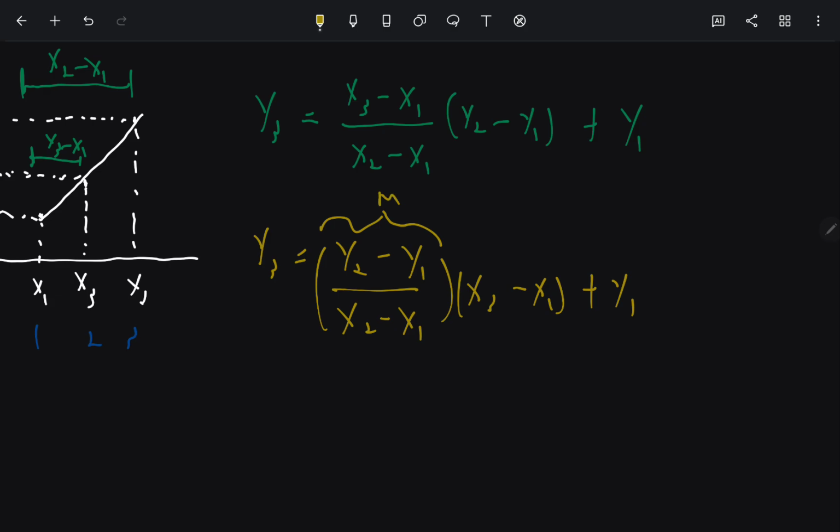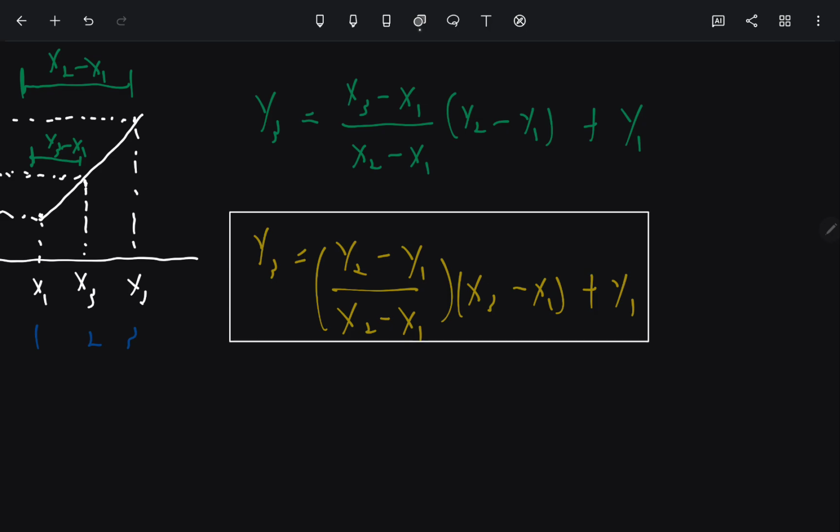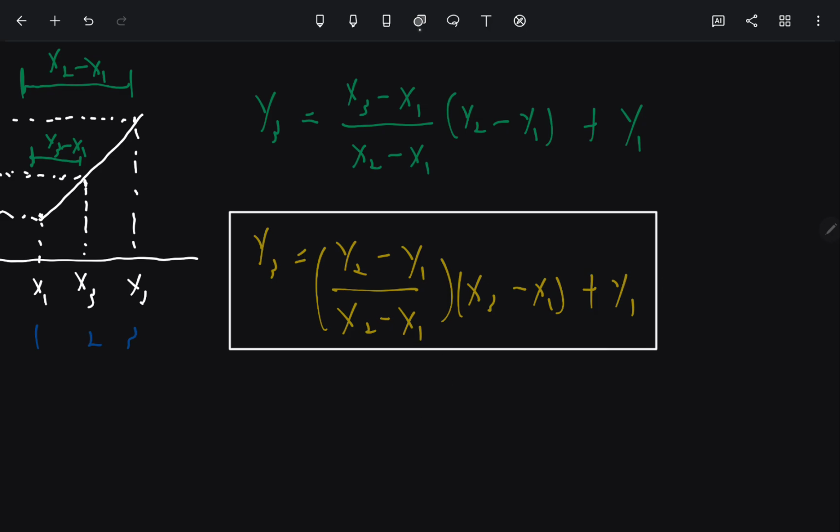So if you calculate the slope, multiply that by the change in x and add it to the initial y, you can find our final y point. So now this is our formula. Let's use this to solve a problem that you might see in engineering.